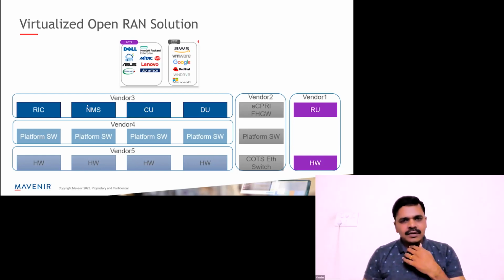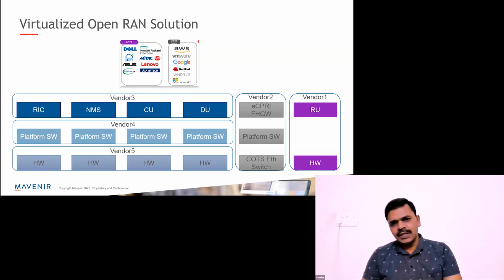Here we have already interworked with several hardware providers like Dell, HP, and Mitac. Similarly, the hardware could also come from private players or from cloud providers. The platform software is coming from VMware, Google, Red Hat, and Wind River kind of solutions.